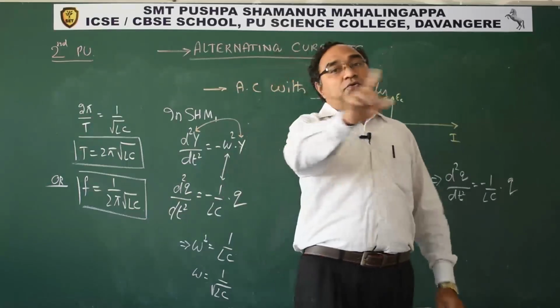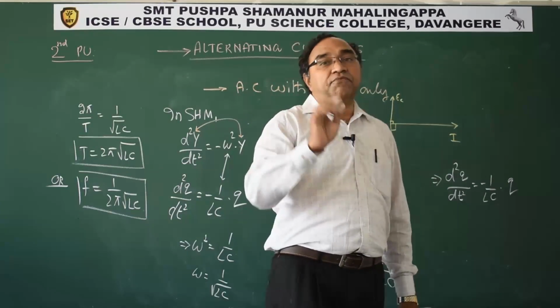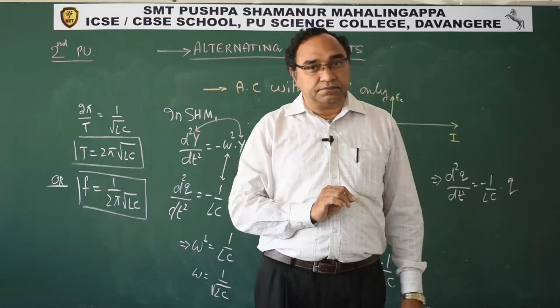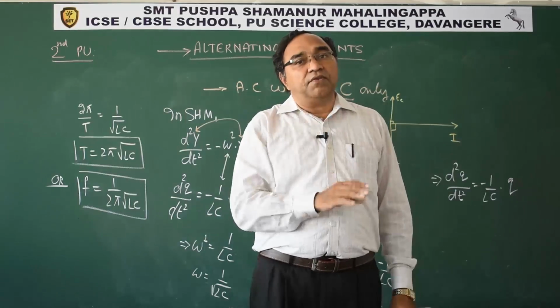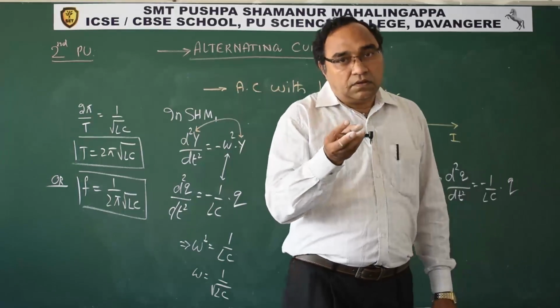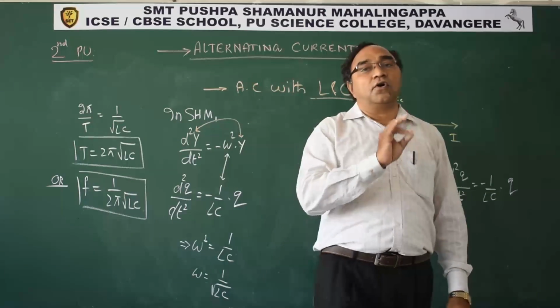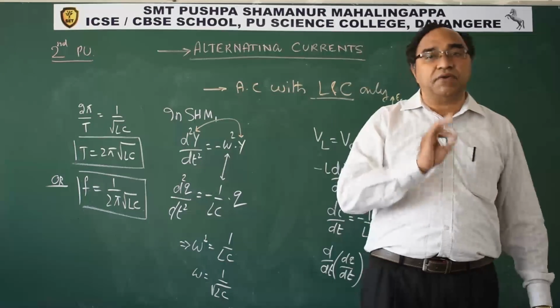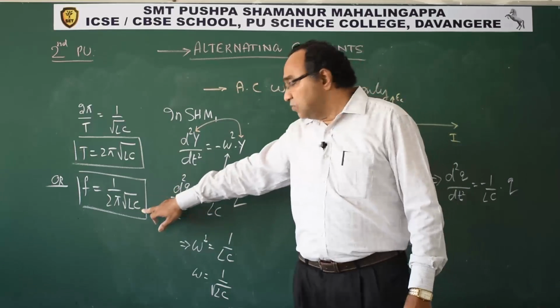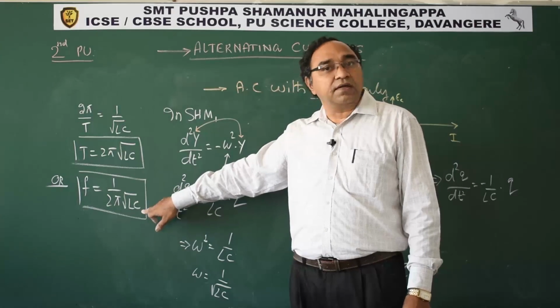In the room where you are sitting, many frequency waves will be there. You talk of BBC waves, you talk of All India Radio, any radio station's waves will have a characteristic frequency.